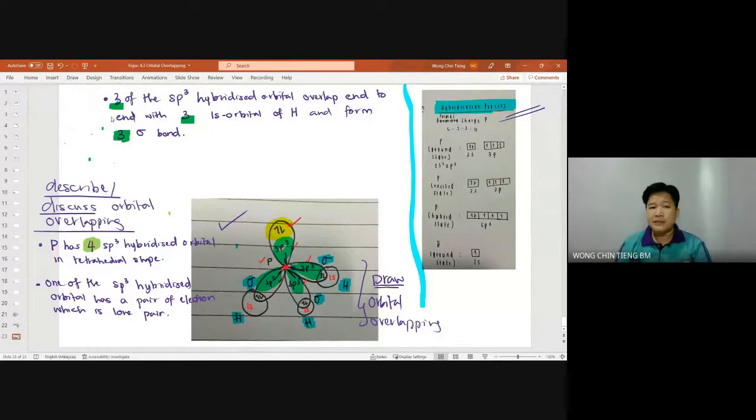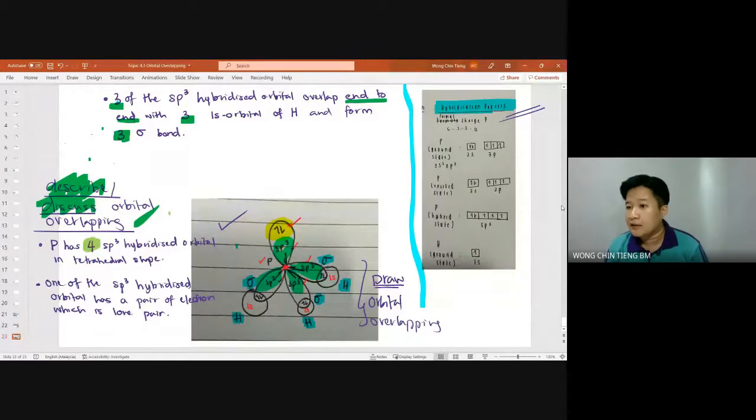Okay. And bila kita kata describe, sebenarnya dalam describe apa yang kita nak adalah lukisan tersebut tapi dalam ayat. Dan lukisan tersebut dalam ayat, semua benda yang kamu boleh nampak, mungkin yang tak nampak adalah cara kamu overlap. Nampak juga tapi dia tak tertulis kat situ. Okay. So how you describe or how you discuss the orbital overlapping is basically how you draw from the beginning.